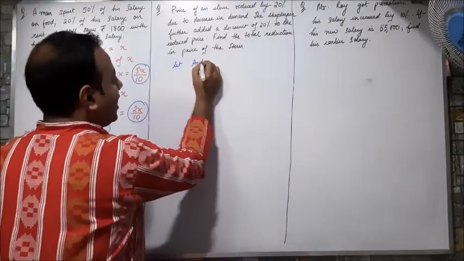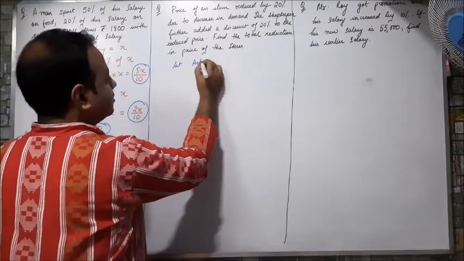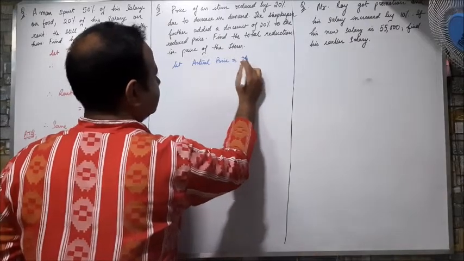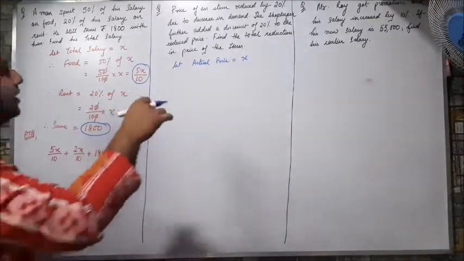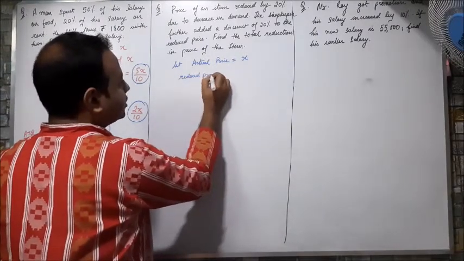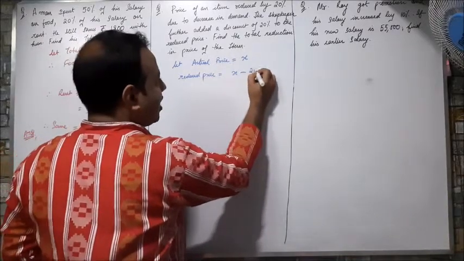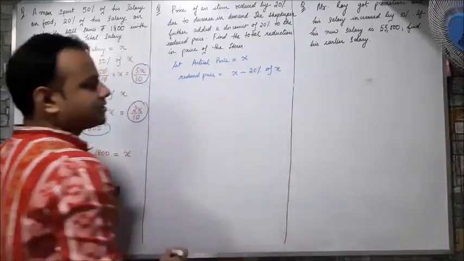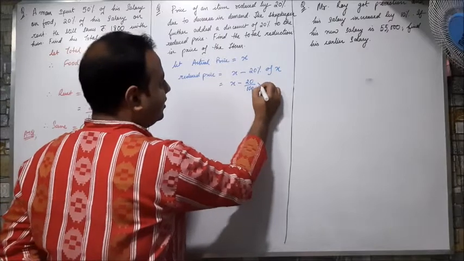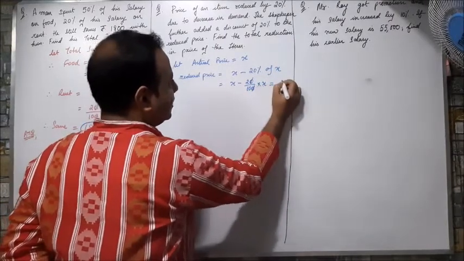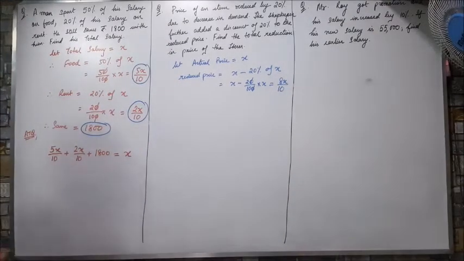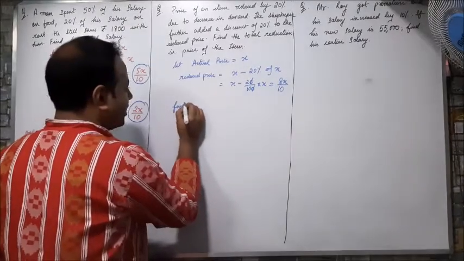Let the actual price equal x. Then the reduced price is x minus 20% of x. That will be equal to x minus 20 by 100 into x. That is equal to 8x by 10. So this is my reduced price. Again, further reduced price.